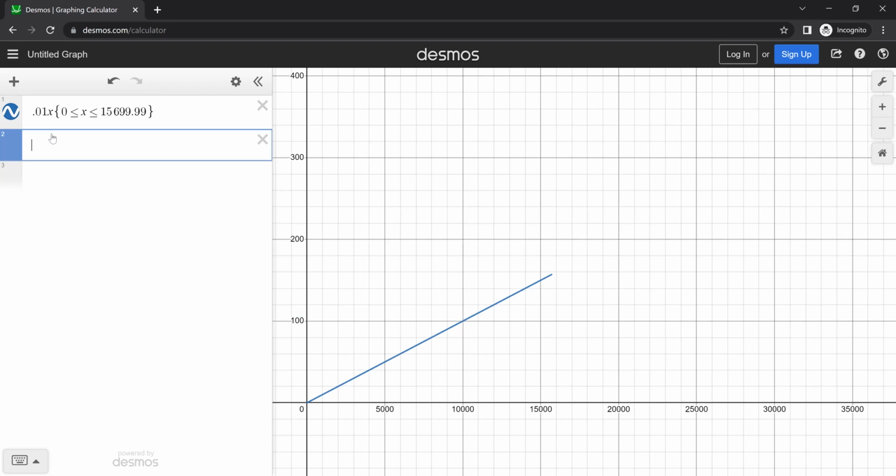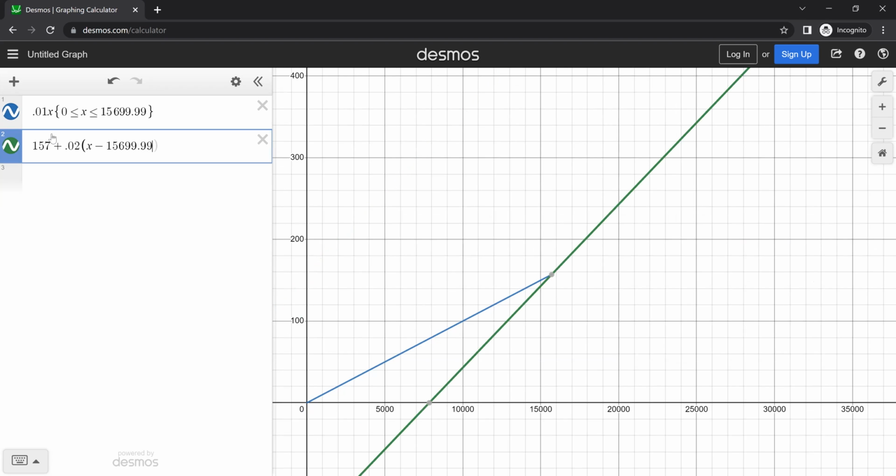And then you've got to add in the new one, the 157 plus 0.02 times x minus 15,699.99. Again, we got to restrict the domain. 15,700 less than x less than 37,000.